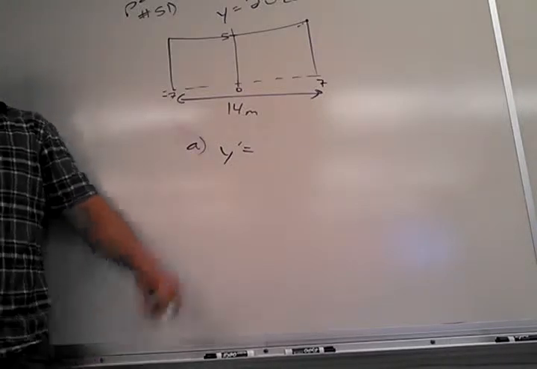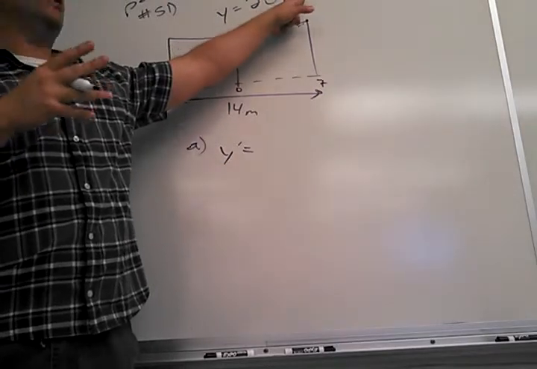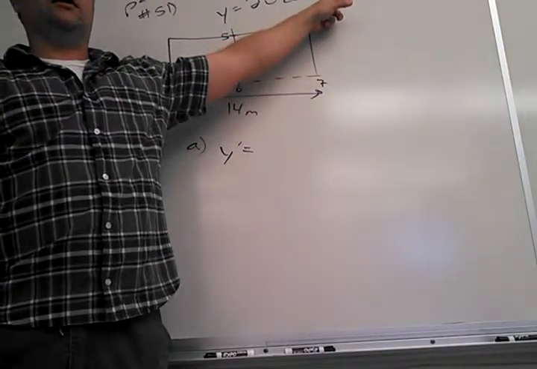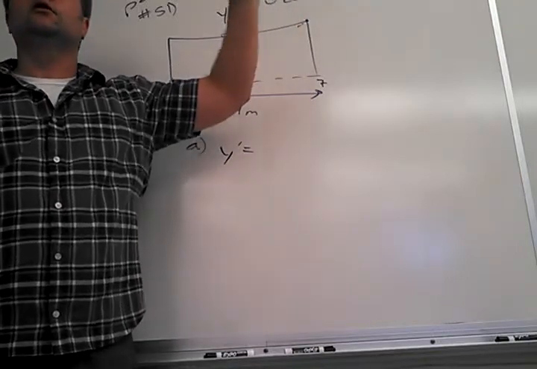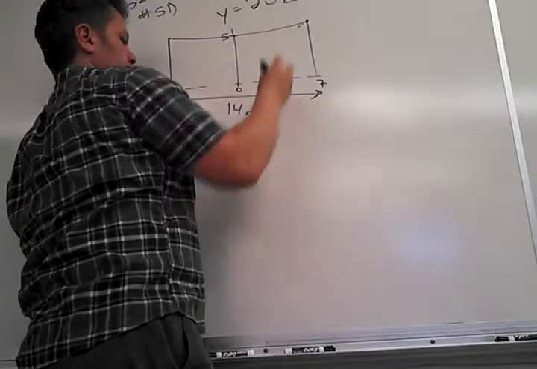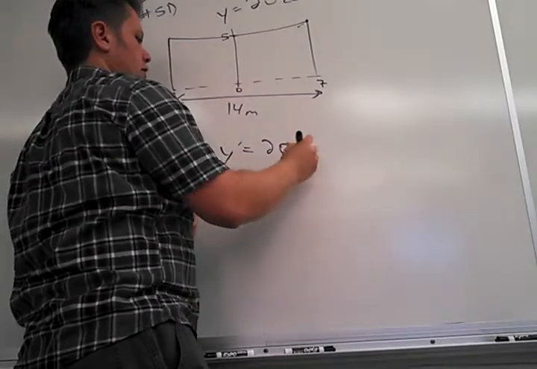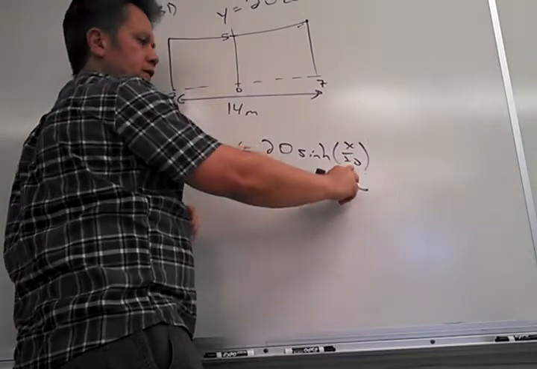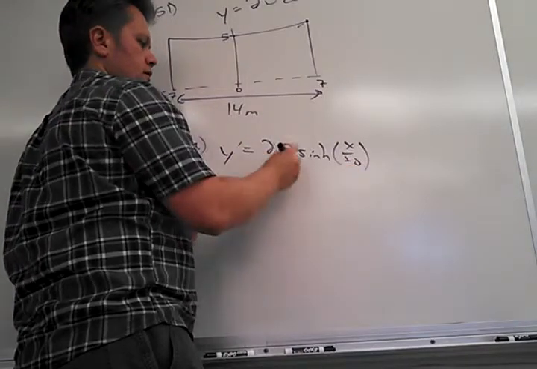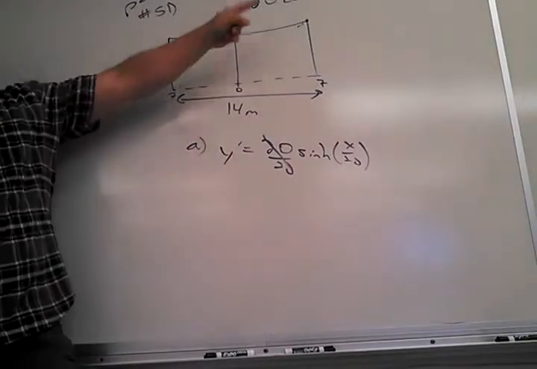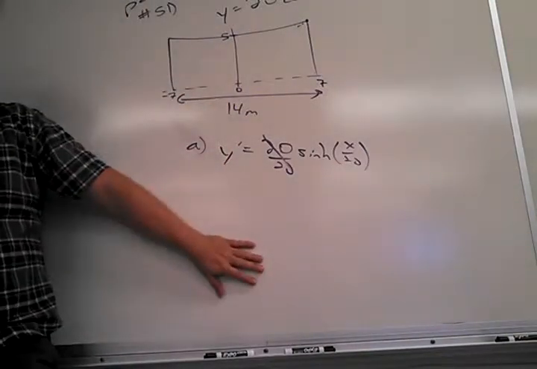Inside here I have some function of x, so what rule comes into play? Chain rule. So I get 20 sinh(x/20), but then what's the derivative of the inside? 1 over 20. So that goes away. That's nice. And of course, minus 15 goes away.